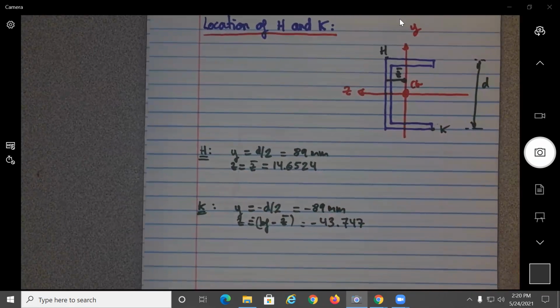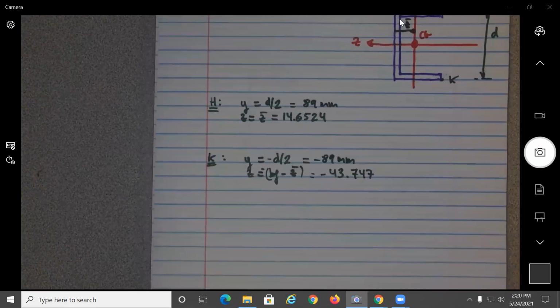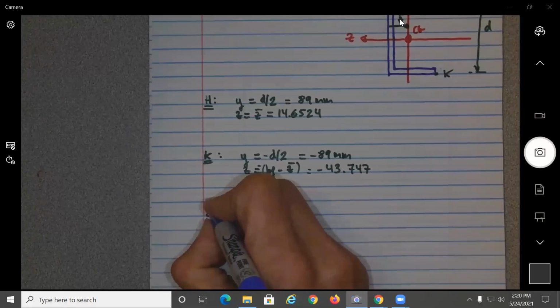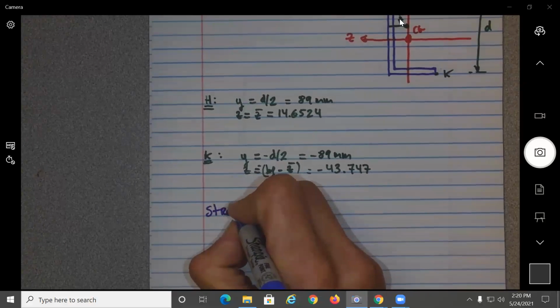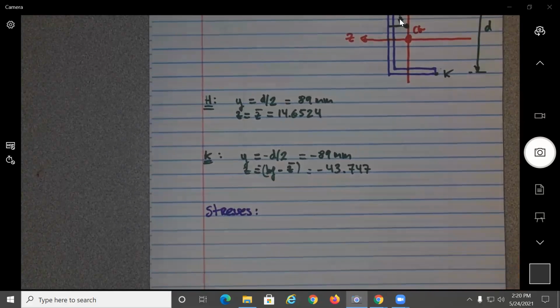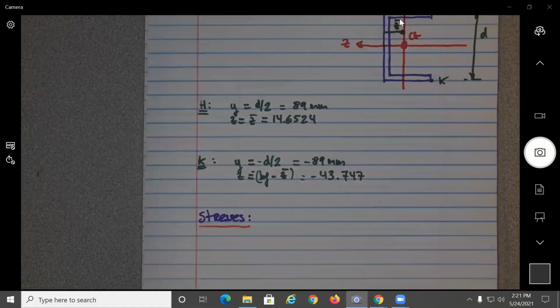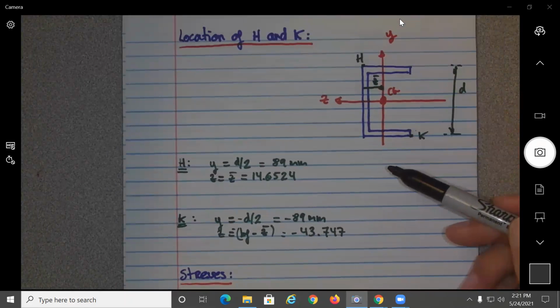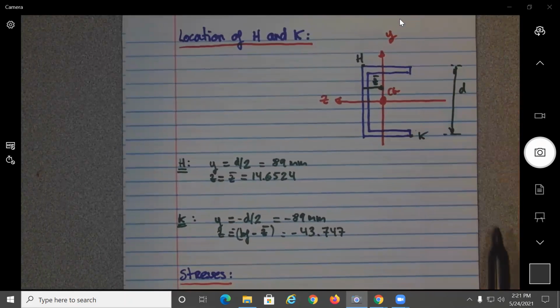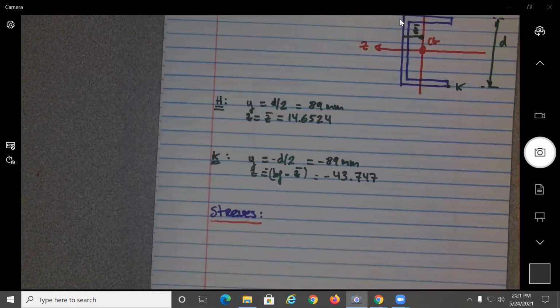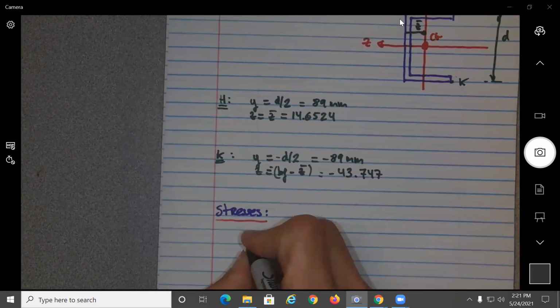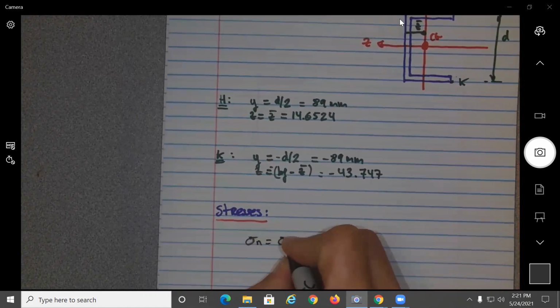So now we're going to calculate the stresses, which is why we did all this work. So what type of cross section is this one? Is this symmetric or not symmetric? This is a symmetric cross section. Okay. So the expression for the stresses that we have is sigma normal stresses or sigma x.